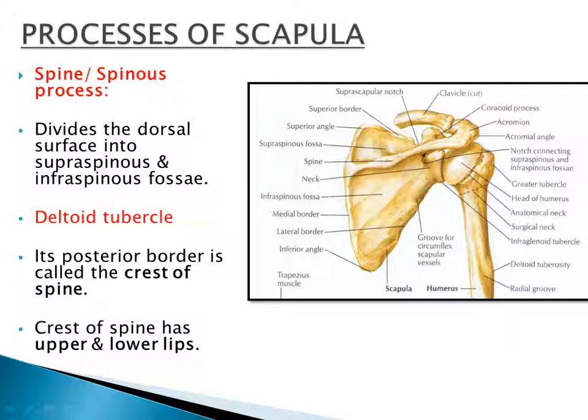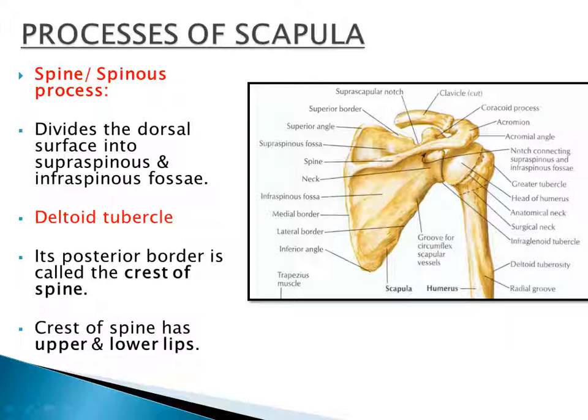The spinous process, when it extends laterally, it continues as acromion process. The spinous process has a tubercle which is called as deltoid tubercle. You can see I am moving the cursor on the spinous process.